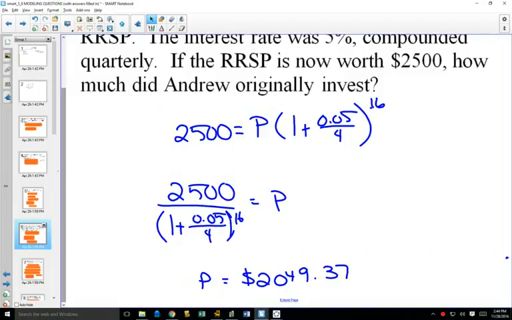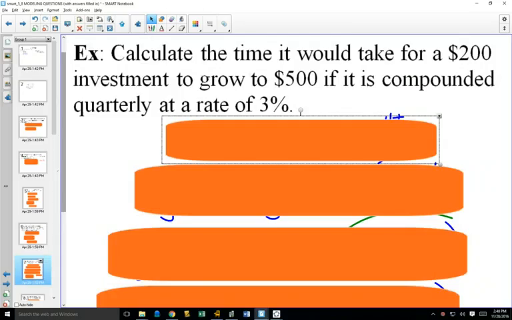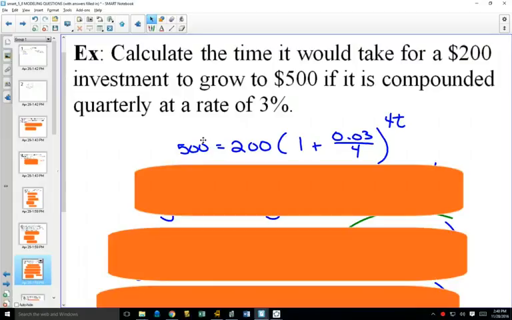So I want you to try the next two. First of all, we set up our equation. That's no problem. And now walking around, I saw two different techniques.